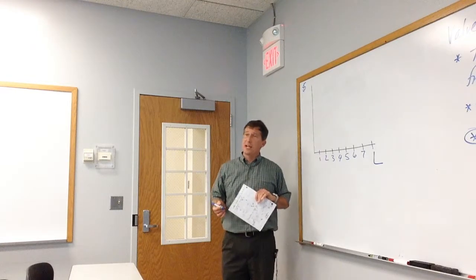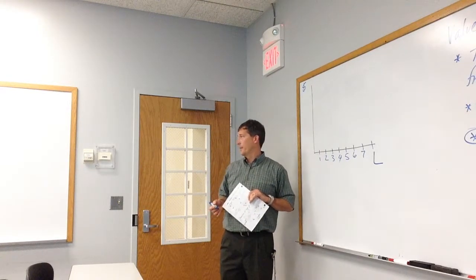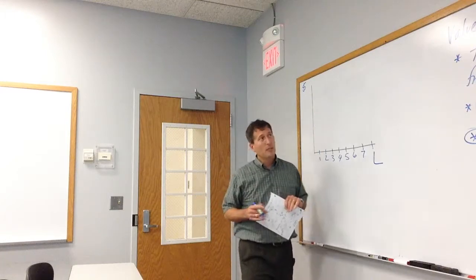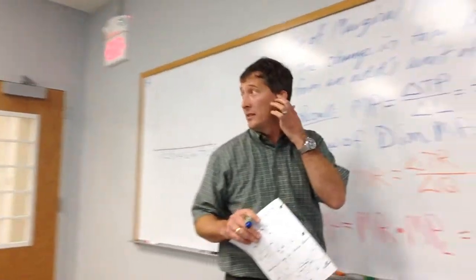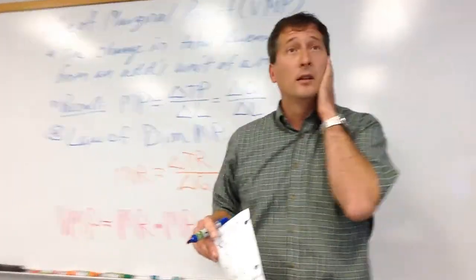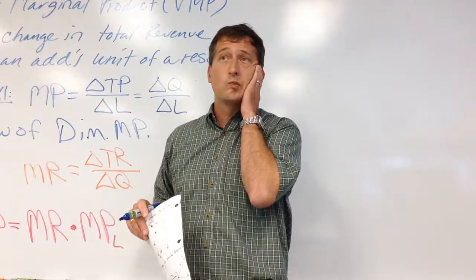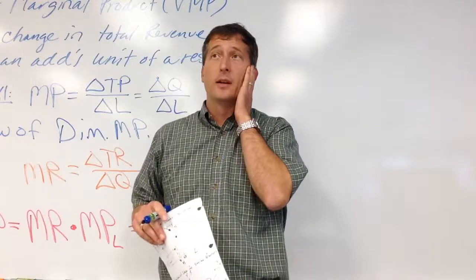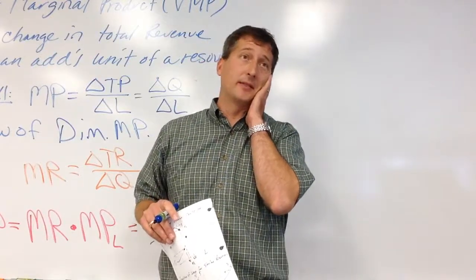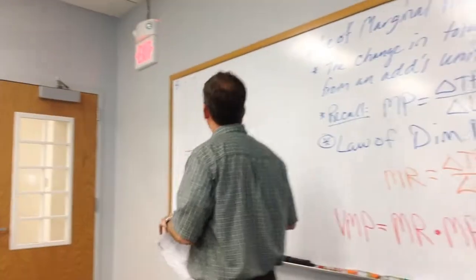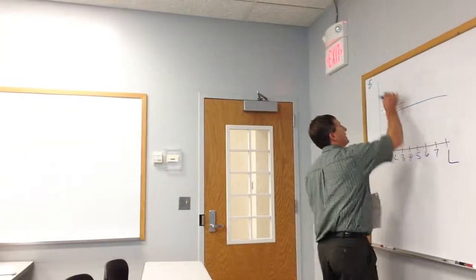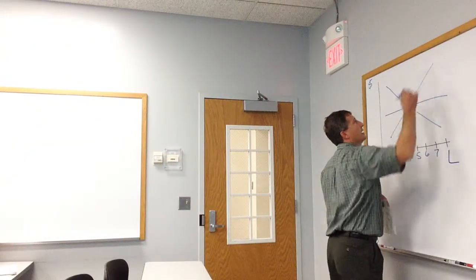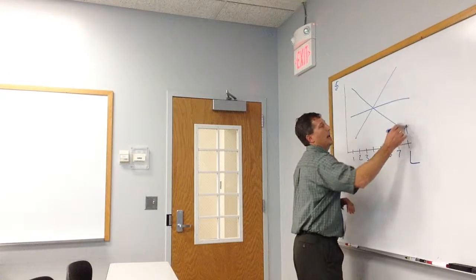Is it going up or down, or what's happening here? Might go up to a point and then down. What do you think? Upward sloping, downward sloping, or flat? You might not want to draw this, but does it look like this, this, or this? So A, B, or C?